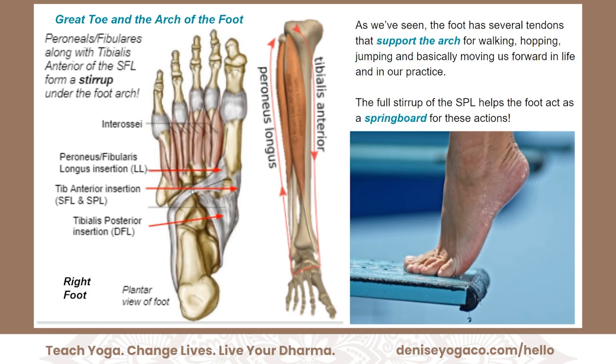It crosses under, right? This goes right across underneath the foot over to the base of the first metatarsal. This is the metatarsal of your great toe. So down here, and that's exciting.